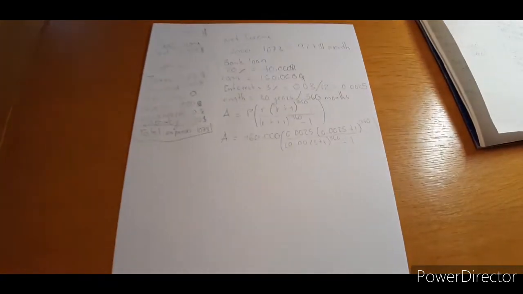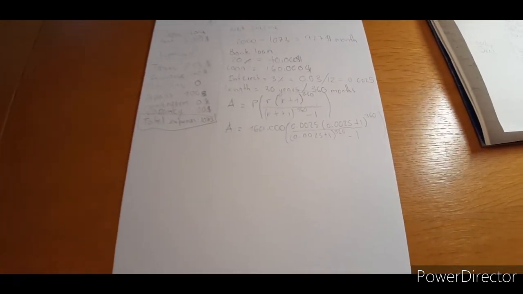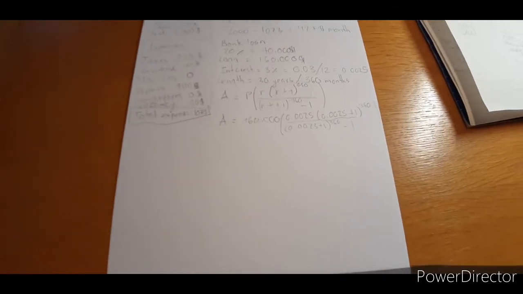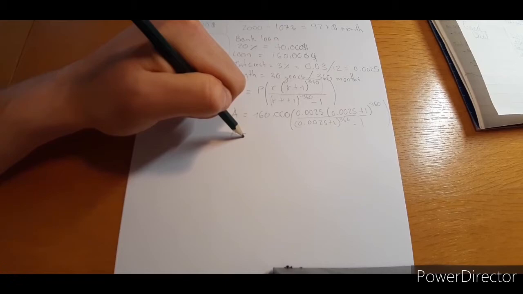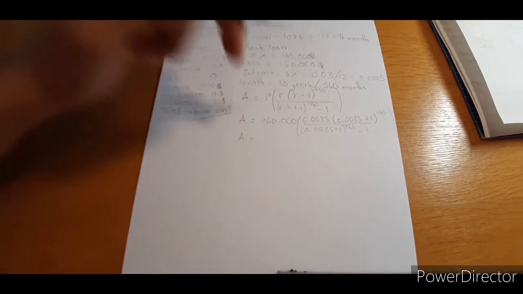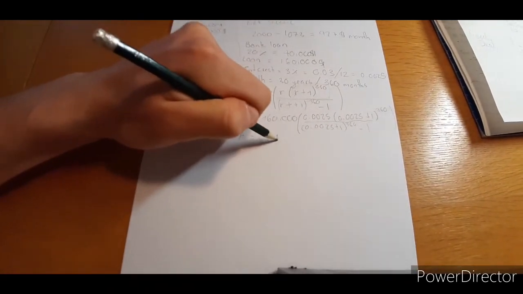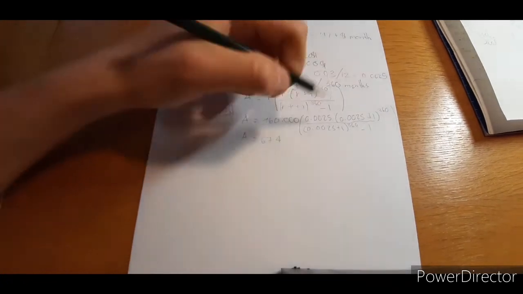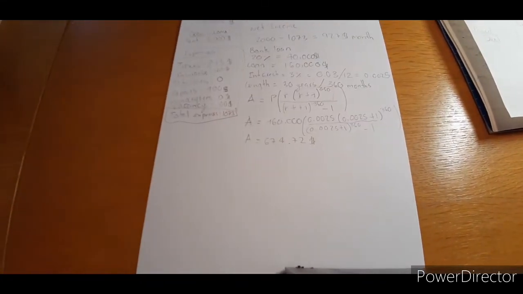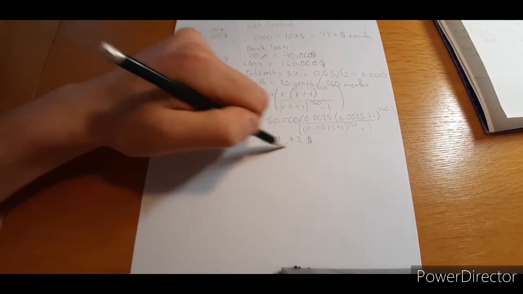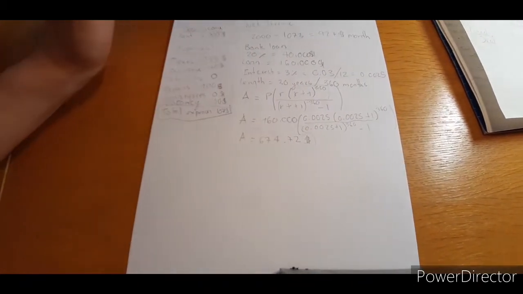So you're going to put that into the calculator, which is easier for you, and this will give you a monthly payment of $674.72. So you will need to pay this every single month.